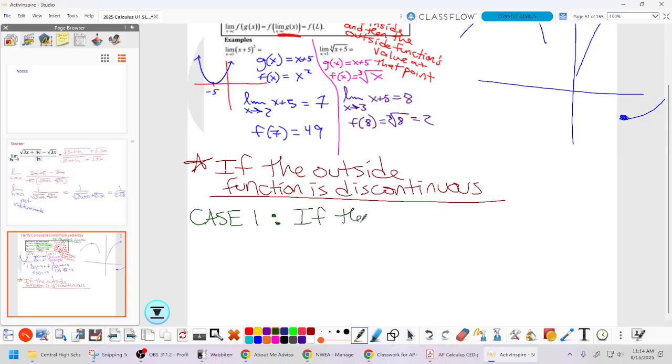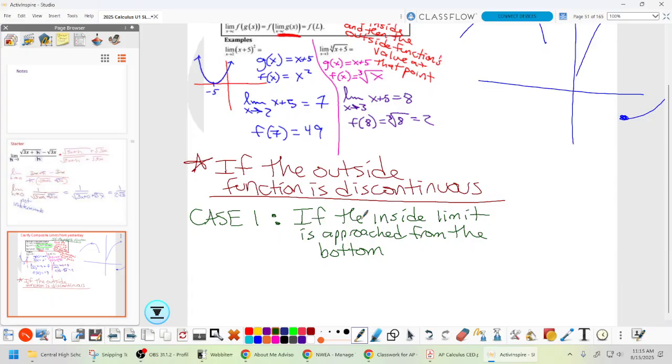If the inside limit is approached from the bottom, and we're going to draw a picture. I'll log back in to the AP and show you the problem again, the two of them.